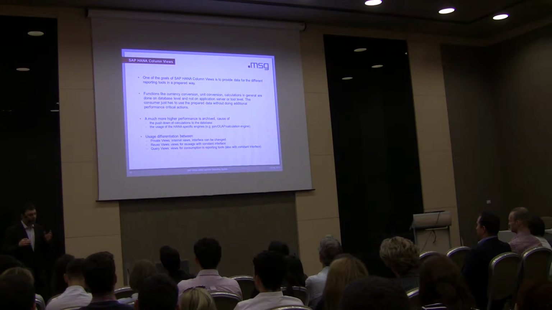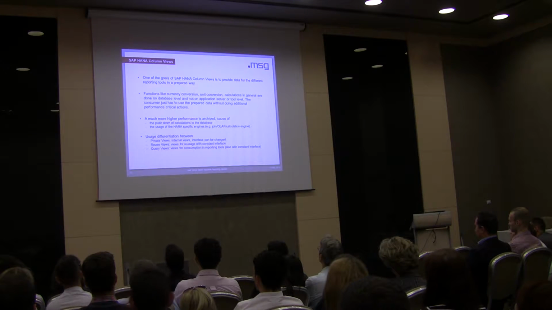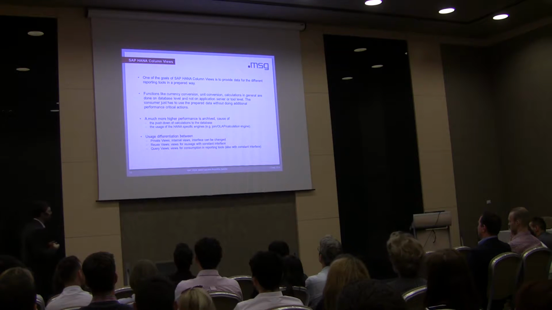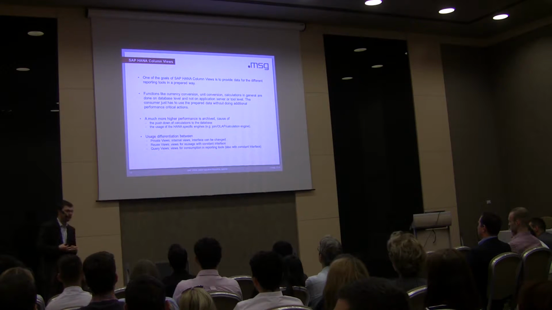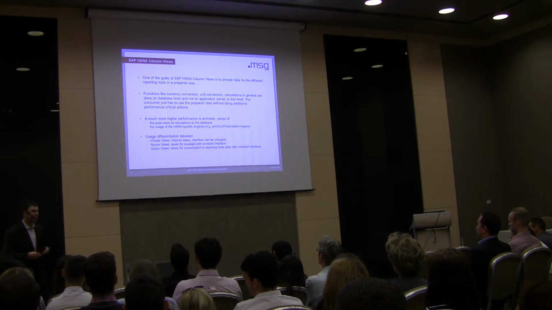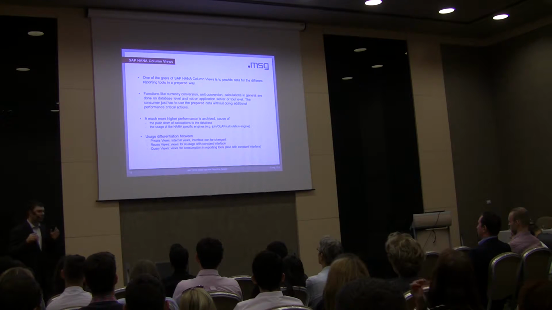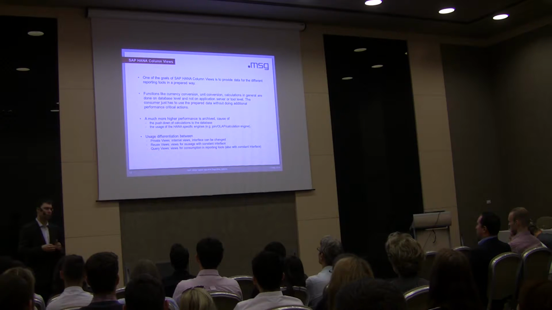One of the goals of SAP HANA views is that the data is provided for the different reporting tools in a prepared way. What does prepared way mean? Prepared way means that maybe calculations, currency conversions, unit conversions are done on database level, not on application and tool server level.